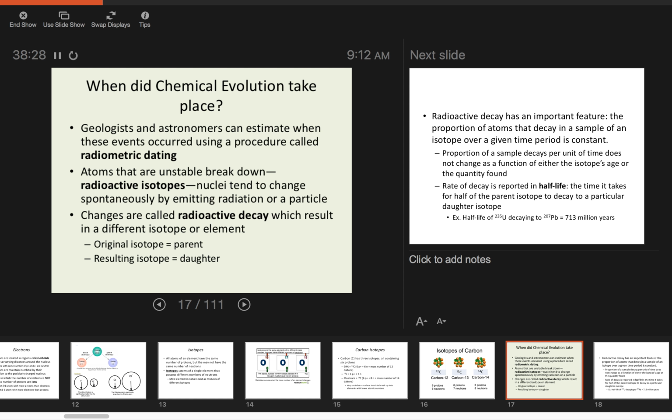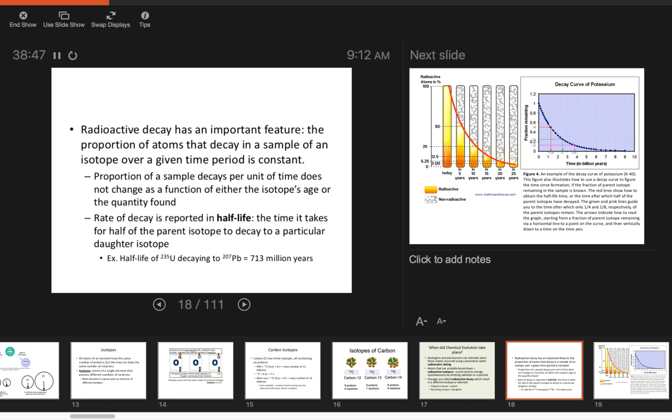Okay. So the original isotope, we call it the parent, and then whatever it decays into, we call that the daughter. So we call this radioactive decay, this ability to go from the parent atom to maybe a different isotope or a different element. Radioactive decay is a super important feature because basically you look at the proportion of parent to daughter, and the breakdown time is constant.